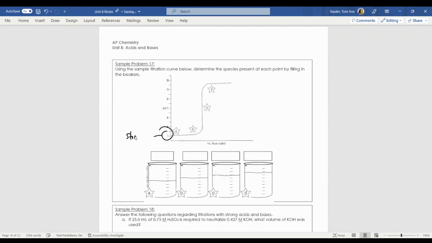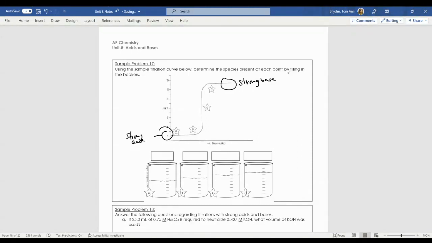So I know this has to be a strong acid. And because my pH ends up relatively high, a little bit higher than 1, we could say that I'm reacting this with a strong base. So where that pH starts and ends up is a good indicator of what type of acid or base we're using, whether or not it's strong or weak.